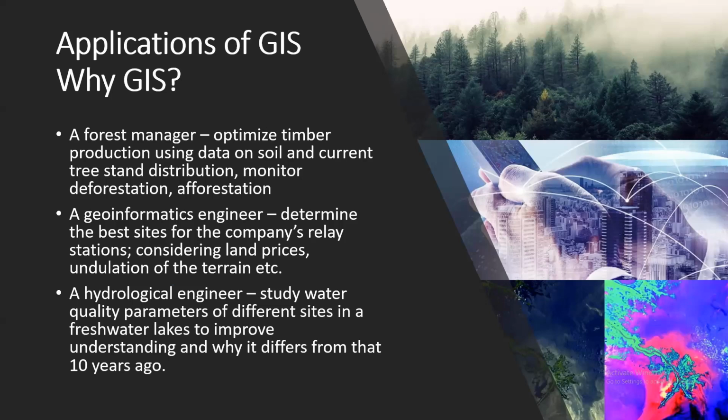So he used GIS to understand the quality of the water of that lake and how it is changing over time. Maybe from 2010 up to now, is the water quality improving, or is it actually reducing? So you can also use GIS to do that.